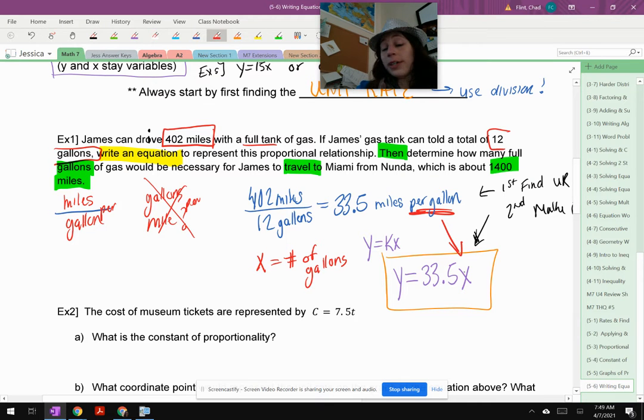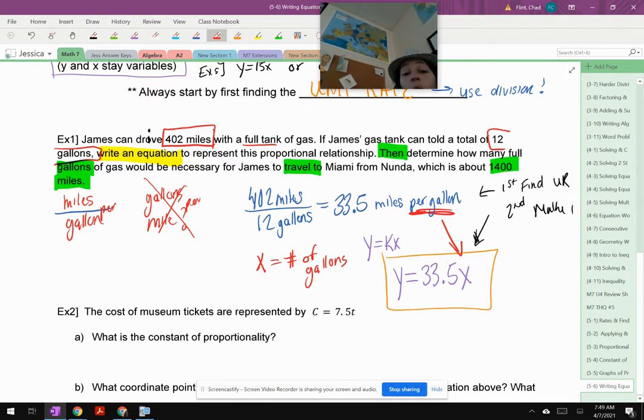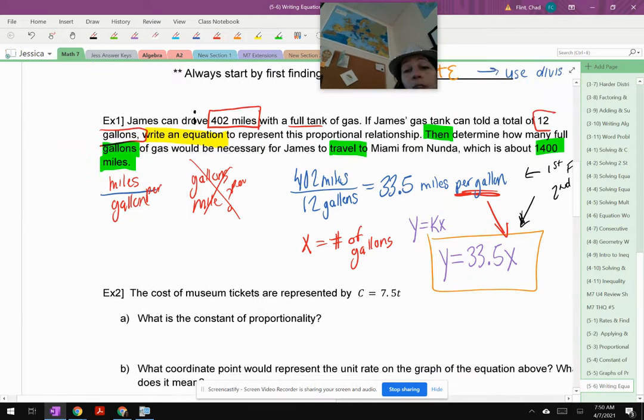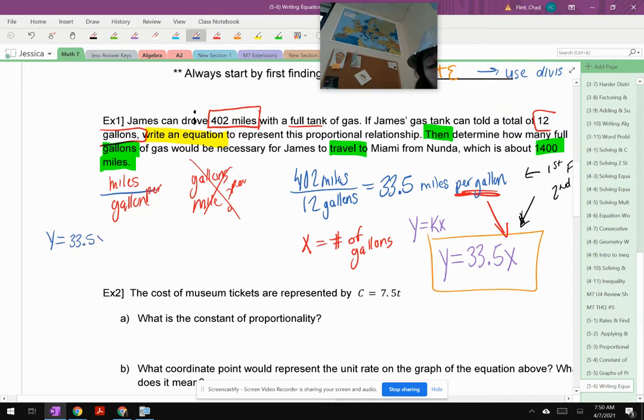If I put a 1 in for x, per 1 gallon, I would get that 33.5 out. So since we have the number of miles, we're going to plug that 1,400 in for y. So I'm going to use my equation, y equals 33.5x, and put 1,400 in for y.